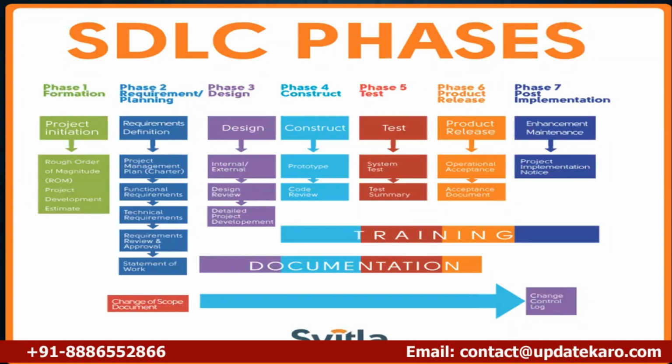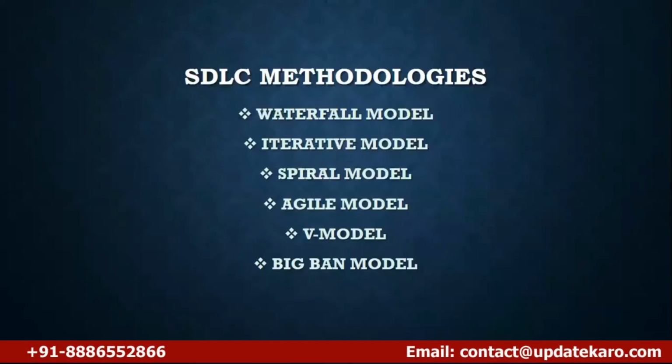And phase five, once the coding is all done, is the testing phase, our phase. In the testing phase we also have different types of testing, which I will explain in the next slide. Phase six is the product release. Once testing is done, only then will the product be released into the market, live. Next, in phase seven, post-implementation activities happen: is there any change, or is there any new version release?